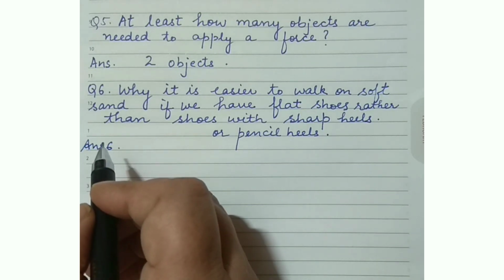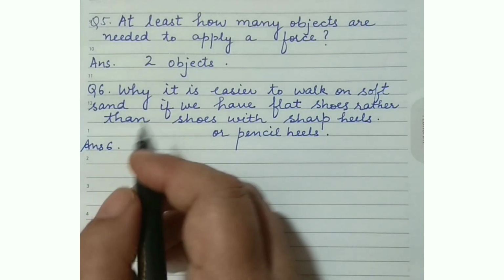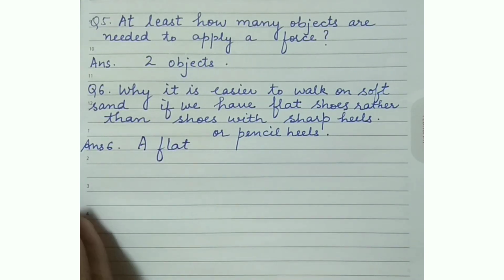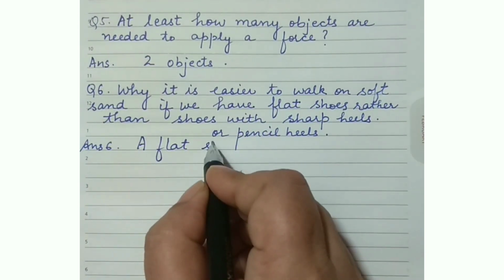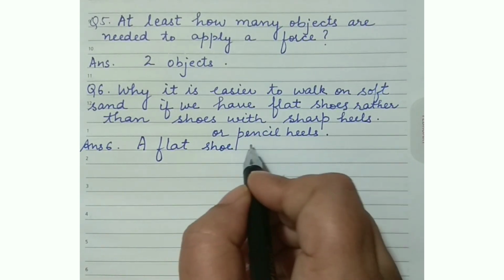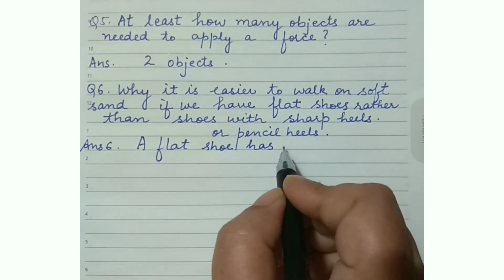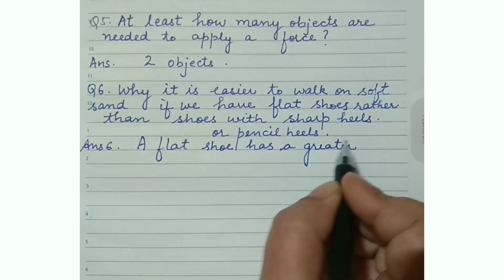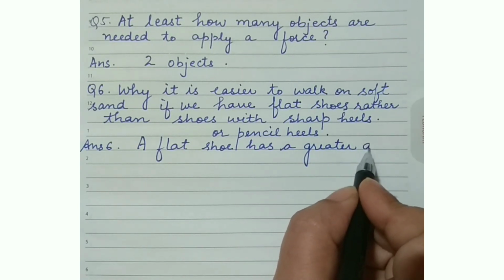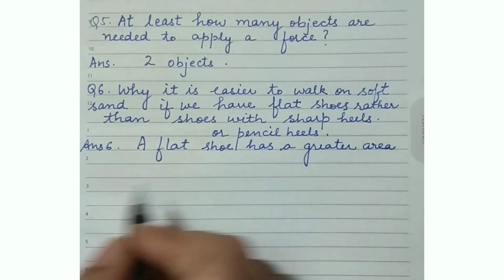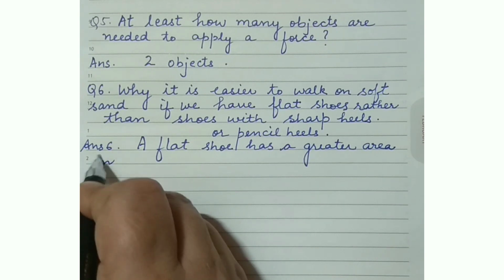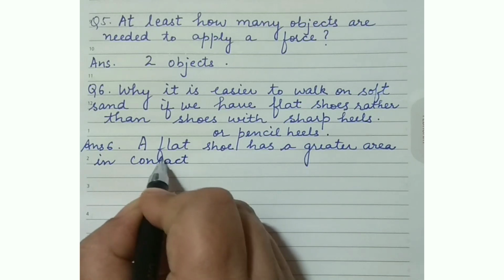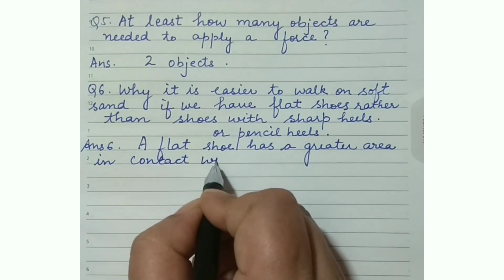Now your answer is: When we are wearing the flat shoes, the maximum area of the shoes surface area is in contact with the sand. So there is less pressure. But when we are talking about pencil heels or sharp heels, then the contact area of the shoes, the surface area becomes very less, which results in very high pressure.